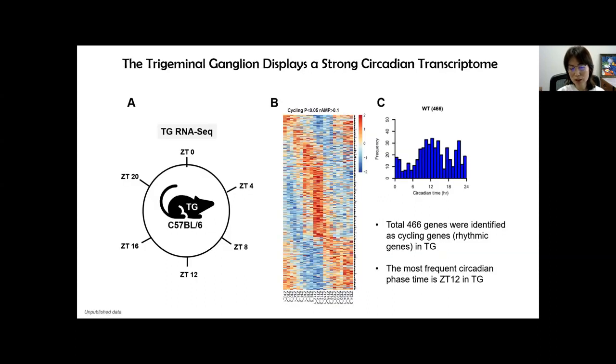Next, we take out the TG and then do the circadian time course to understand what's the TG transcriptome regulated by circadian rhythm. And every 4 hours in the constant dark condition, we take out the TG and then perform bulk RNA sequencing. And you can see from this heat map, this is a time point from 0 to 24 hours. You can see that there are genes that are peaking, a lot of majority peaking in the middle of daytime.